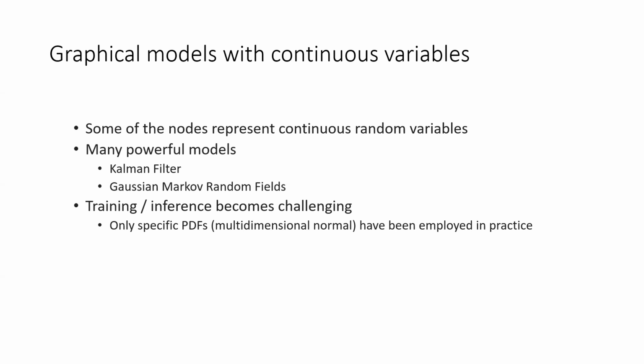In graphical models with continuous variables, obviously some of these nodes represent continuous variables. Usually, when you say graphical models with continuous variables, you assume all of them are continuous, and if there is a mix, you call them mixed. But I don't make this distinction because both of them are very challenging for training and inference.